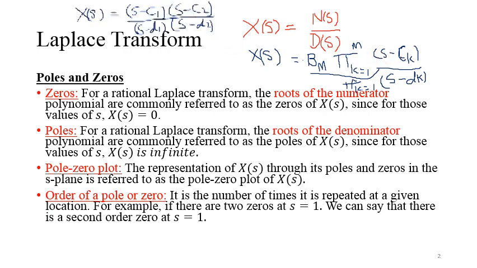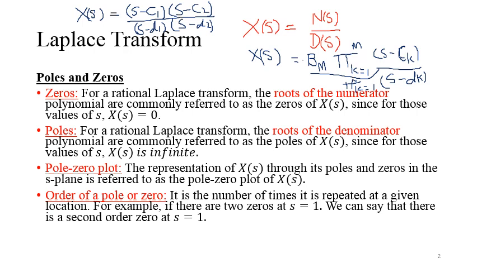For example, if we have a Laplace transform X(s) equal to the product of terms (s minus c1) multiplied by (s minus c2), divided by (s minus d1) and (s minus d2). The zeros are the values of s when X(s) equals 0. So what values of s make it 0? They are called zeros.